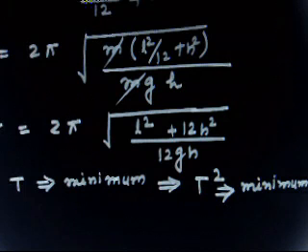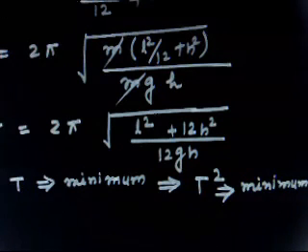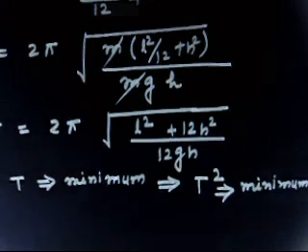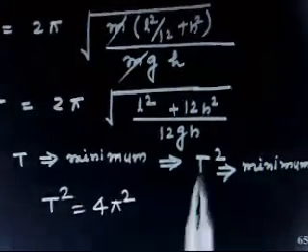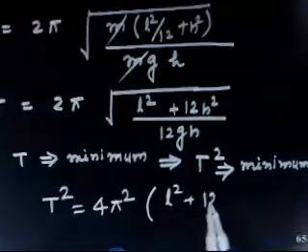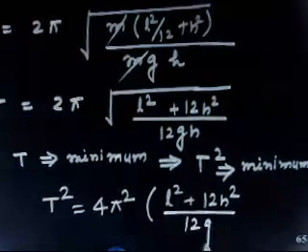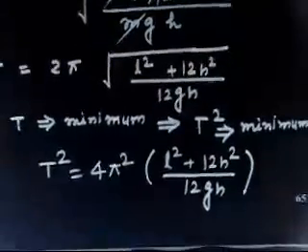I think all of you can do this one, so let us do this and find the answer. Okay, if you follow the steps, T square will be 4 pi square times L square plus 12h square divided by 12gh. Now let us differentiate T square.